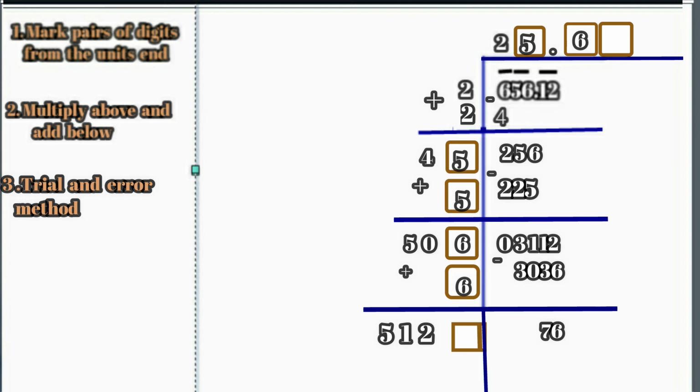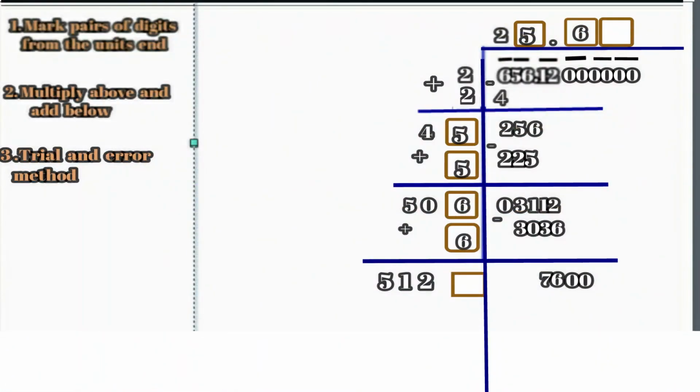Here we don't have any leftover pairs. But remember, after this 2, we have many zeros, right? So, we can write these pairs of zeros here. Now, we have 7600. Okay, now let's find the digits in the boxes which make the product equal to or lower than 7600.